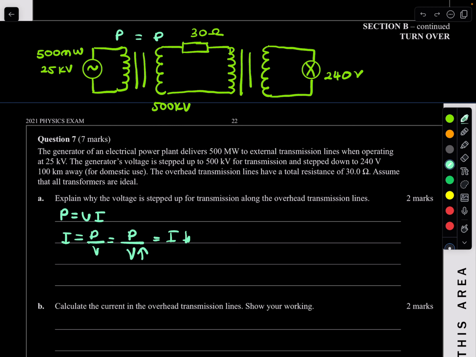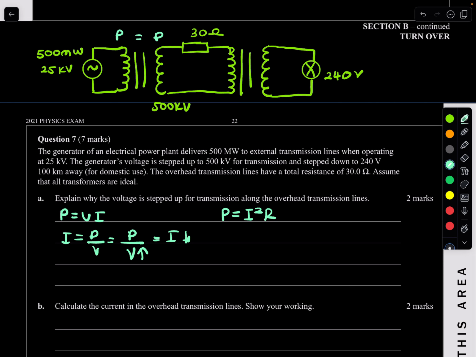And so why is that good? Well, let's think about it. We know that power loss is equal to I squared R, where power is proportional to I squared. So if you have just a little bit more current, it has a very significant power loss. So decreasing your current decreases your power loss.